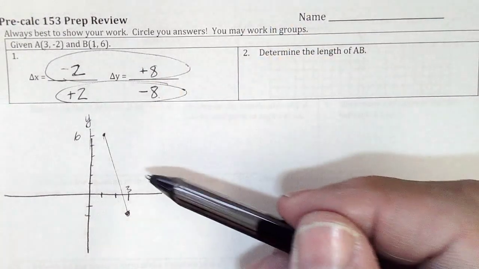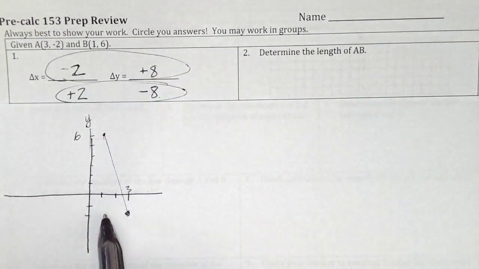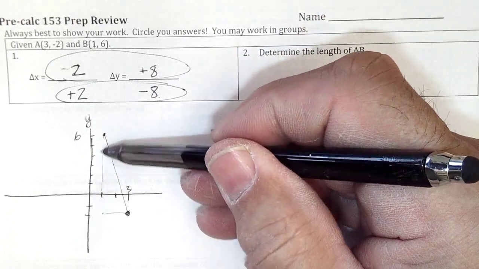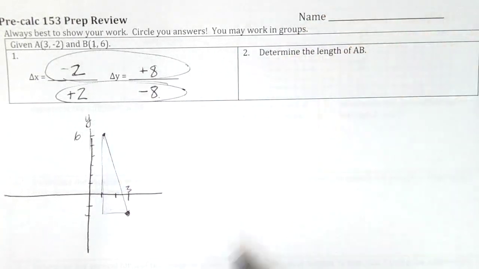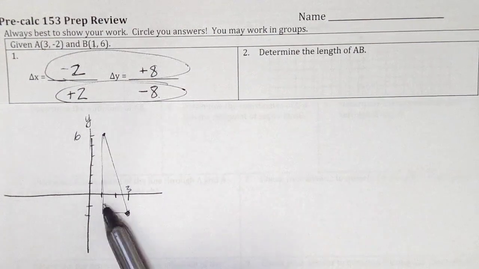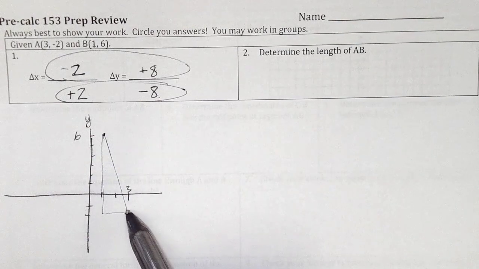Well, using what we found out in number 1, if we went -2, we would go up 8. Or if we went from B to A, we'd go +2 and down 8.